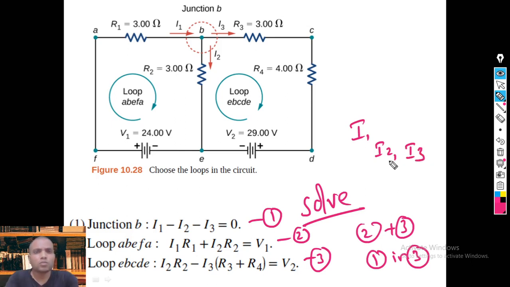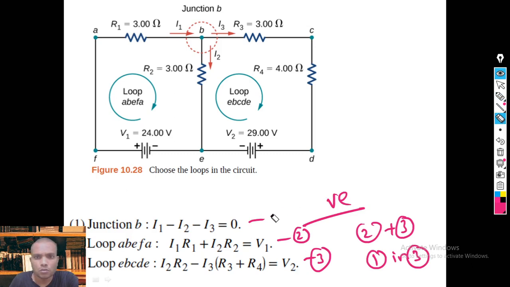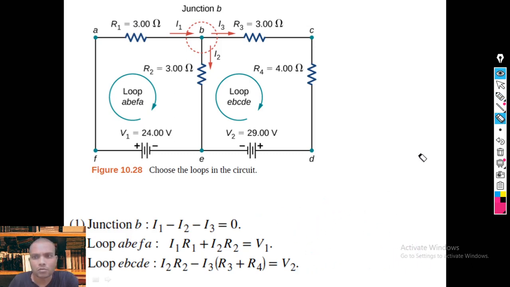So this is the way to get the final values of currents, power or EMF for a given circuit by applying Kirchhoff rules. Kirchhoff rules are two rules: one is the junction rule, one is the voltage rule.